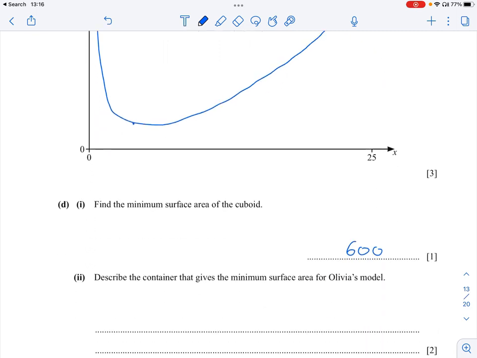Describe the container that gives the minimum surface area for Oliva's model. So the surface area has to be 600. When it is a minimum surface area of 600, it has to be a cube. A cuboid cannot give a minimum surface area; a cube can.